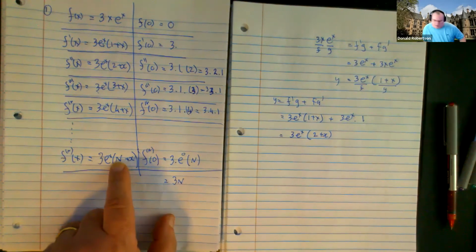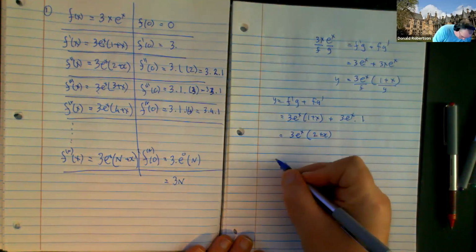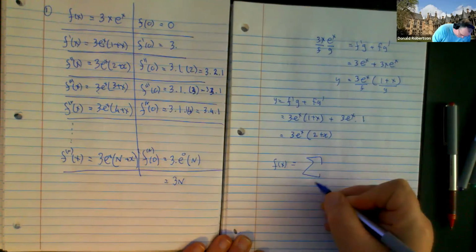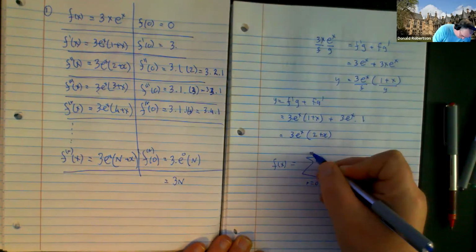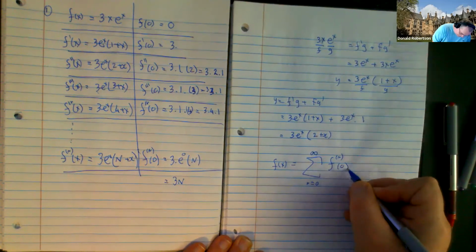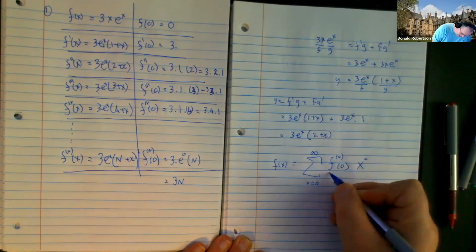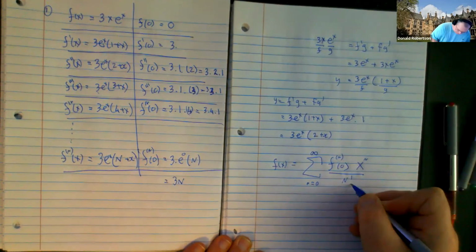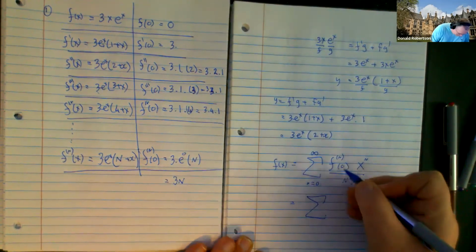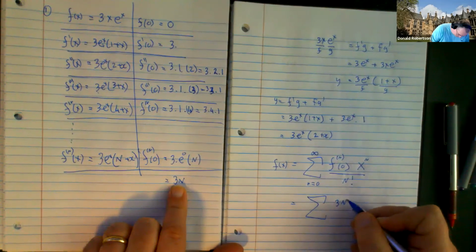Which is just n. So the power series is sigma n equals 0 to infinity, the nth derivative at 0, x to the n over n factorial. And we have just found out that that guy was just 3n.